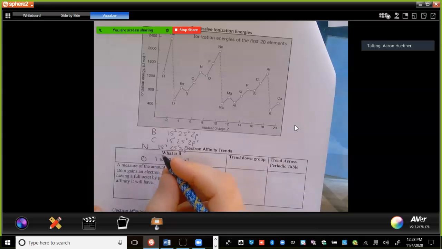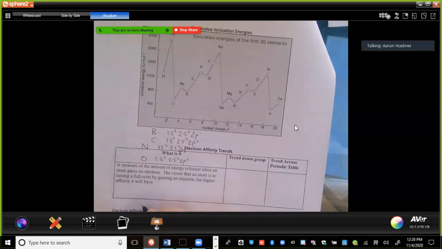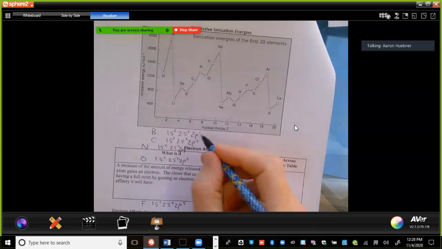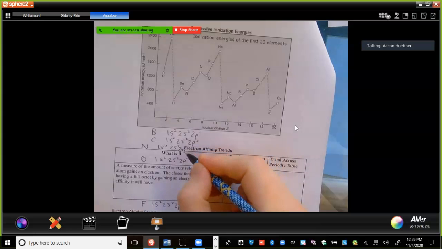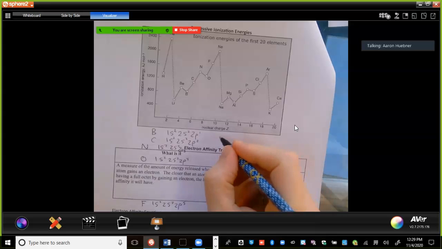And then it goes up to fluorine. I ran out of space, so I'm going to put it right here: 1s2, 2s2, 2p5. Let's do the orbital filling diagrams, and let's write it all out.